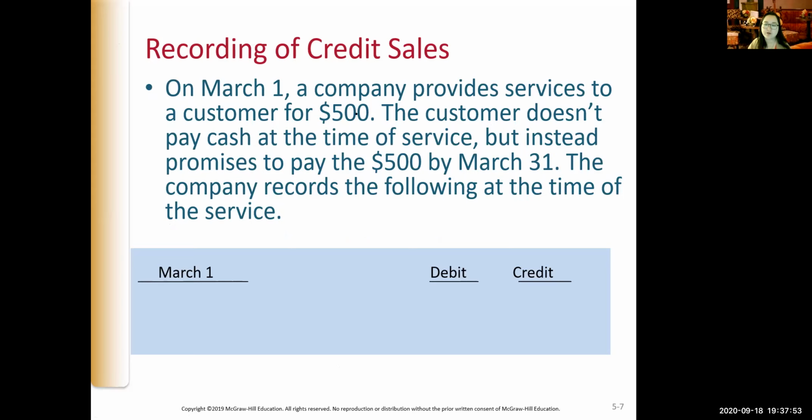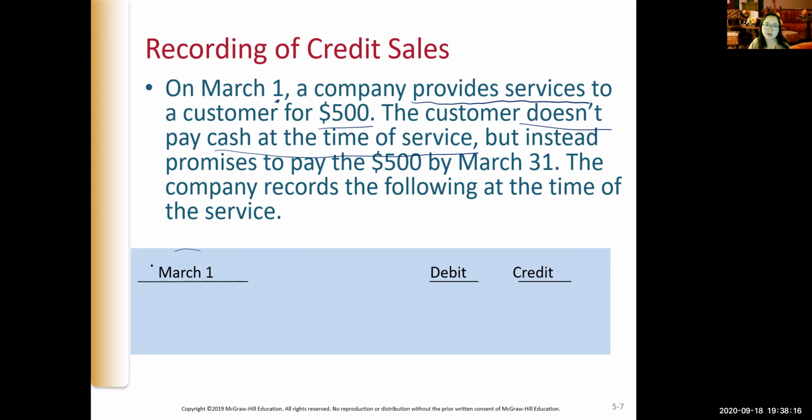On March 1st, a company provided service to a customer for 500, so they already provided the services. That's the key. And the customer does not pay cash at the time of the service, but instead promised to pay the 500 by March 31st. So March 1st, they're already providing services for 500, but they didn't get paid.